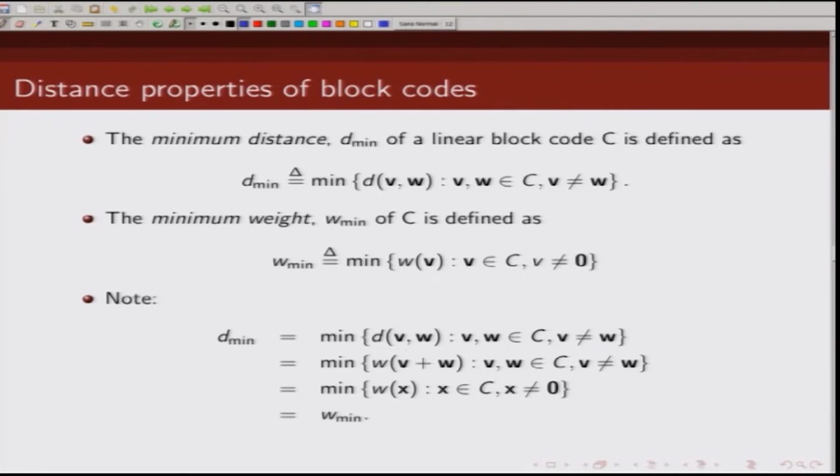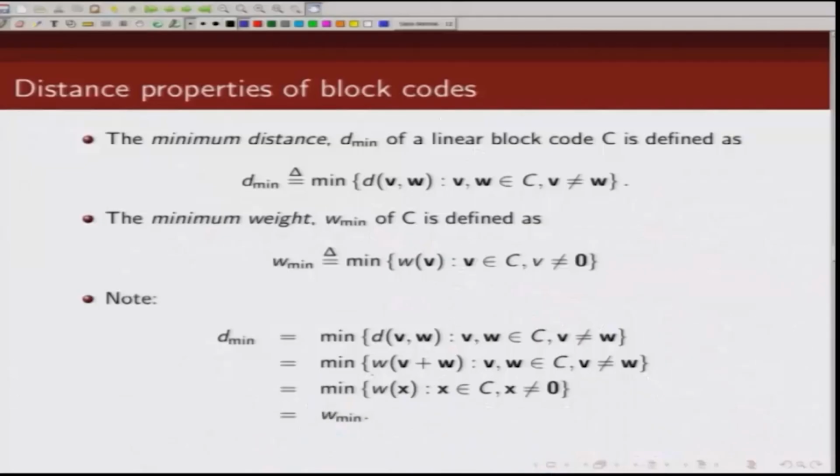Now, we know that the Hamming distance between v and w can be written in terms of the Hamming weight of v plus w. So, we can write the minimum distance as the minimum Hamming weight of v plus w, where v and w are code words belonging to this linear block code and v is not the same as w.